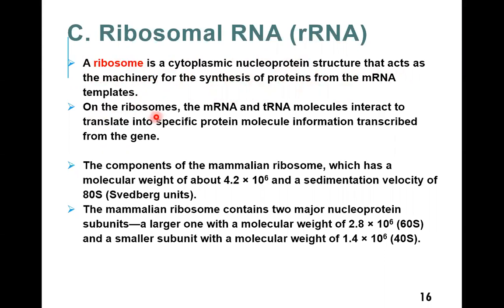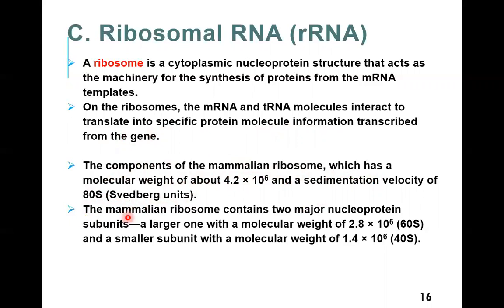On the ribosome, the mRNA and tRNA molecules interact together to translate into specific protein molecules the information transcribed from DNA, the gene source. The mammalian ribosome has a molecular weight of about 4.2 x 10^6 and a sedimentation velocity of 80 S, Svedberg units.